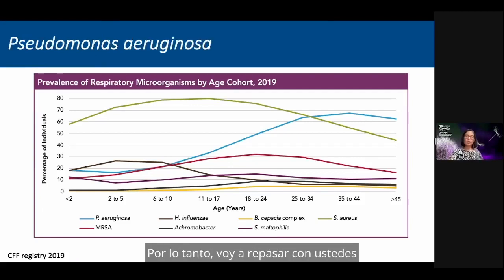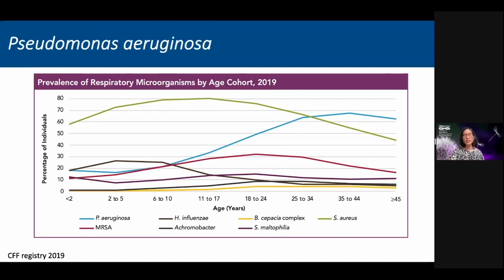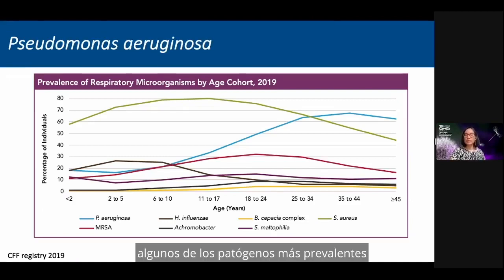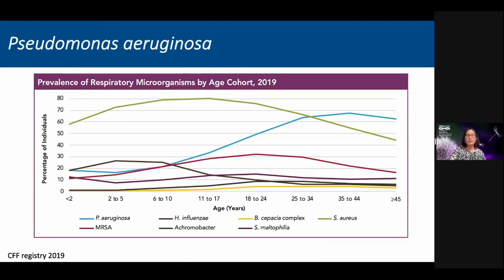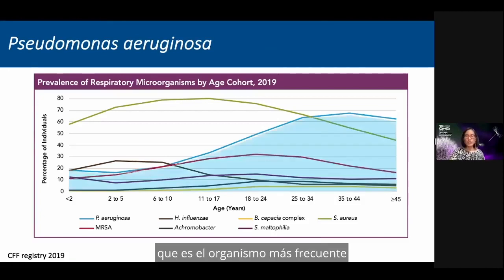So I'm just going to run through with you a few of the most prevalent pathogens and tell you a little bit about their epidemiology. So we'll start with Pseudomonas, which is the most prevalent organism in adult people with CF, and one of the most targeted organism with regards to antibacterial therapy to this day.